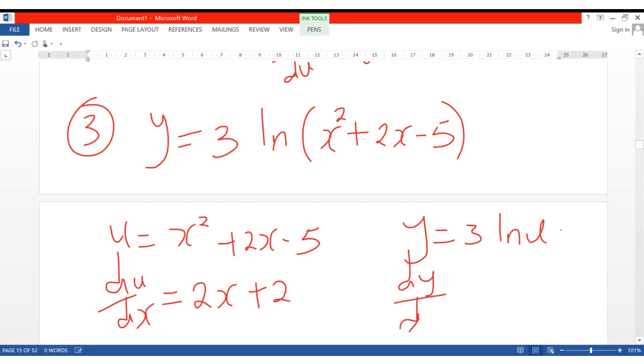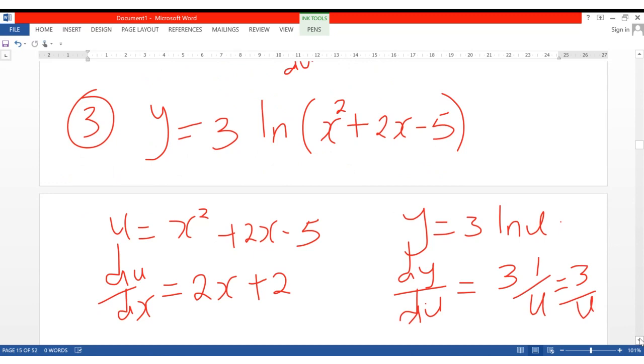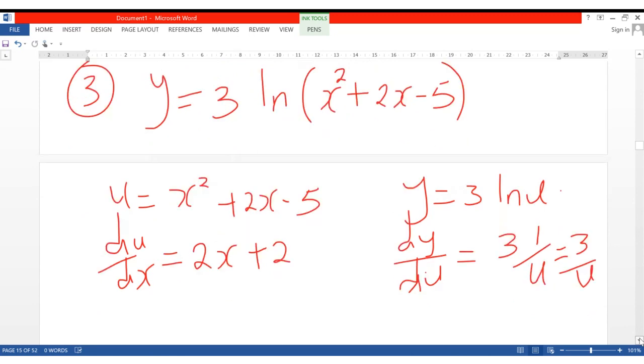The 3 is not playing any part in the differentiation. It's a constant, so it will remain the way it is. When I differentiate ln u, I'll get 1 over u, so I'll get 3 over u. My task is now to multiply these two.